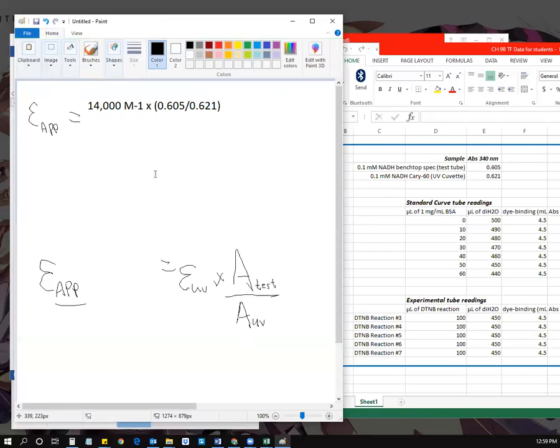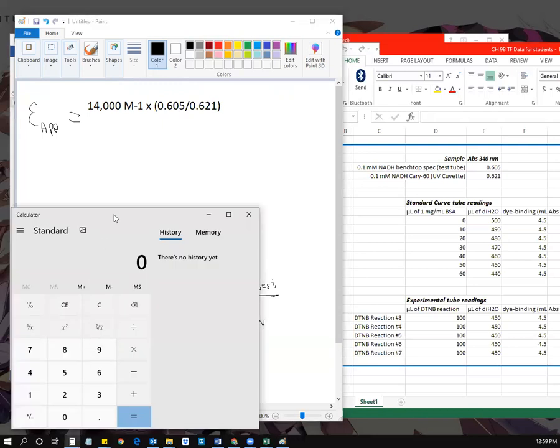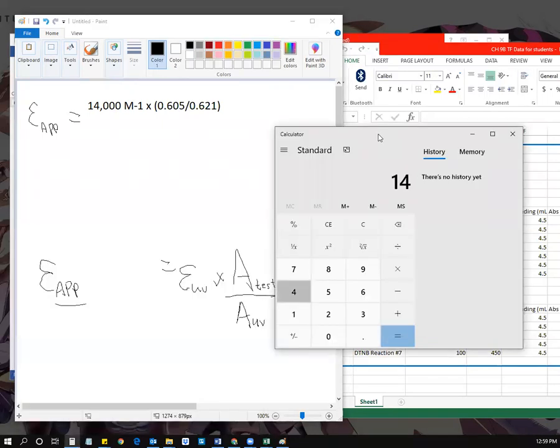And then all we basically have to do now is just resolve this with a calculator. And I am going to take 14,000, multiply that by 0.605 and divide it by 0.621.